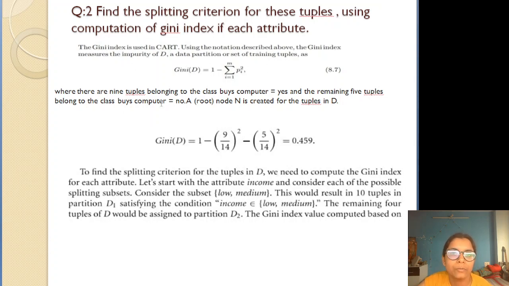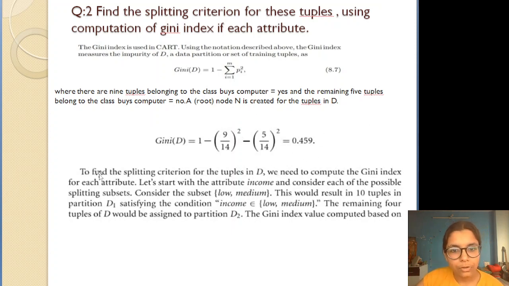To measure Gini index, we first have to apply this formula that is written here, which is 1 minus summation of Pi squared, where Pi is the probability of any instance. As we know, in the first question we had 9 tuples of yes and 5 tuples of no, and a root node. So we would put all the values into this formula and get a value of 0.459.